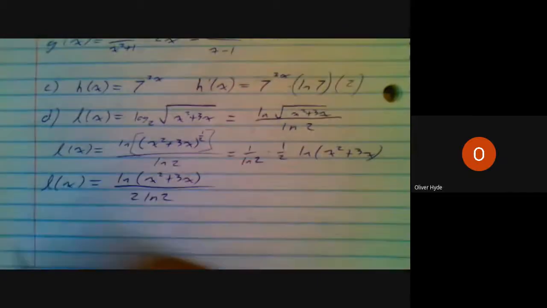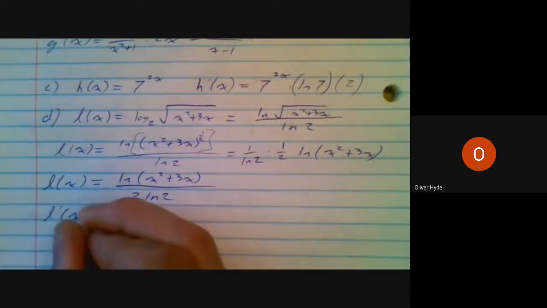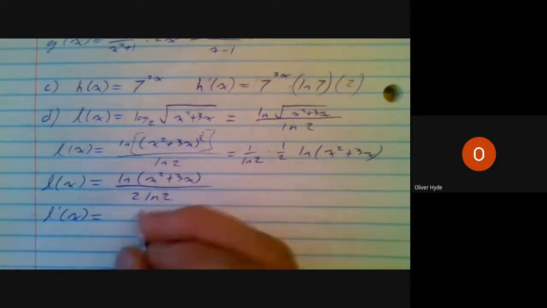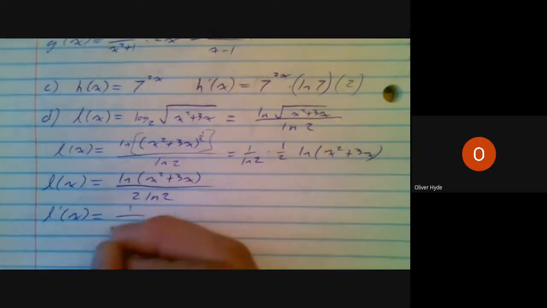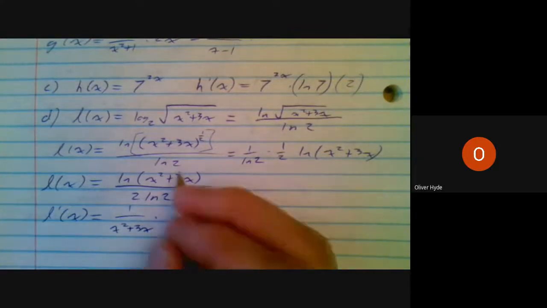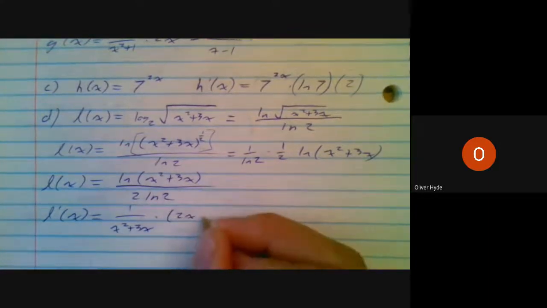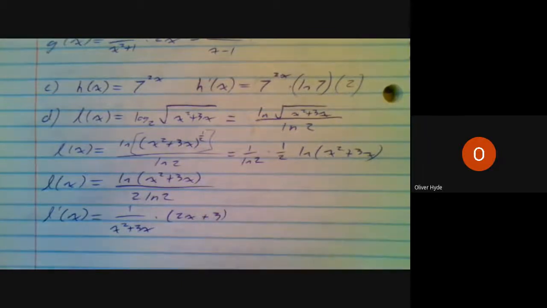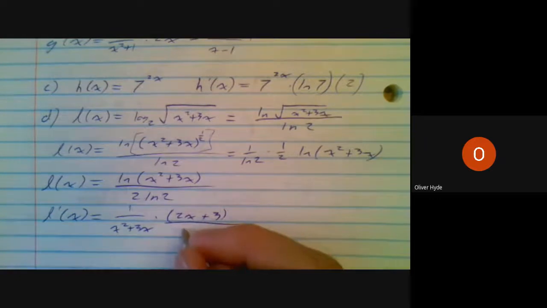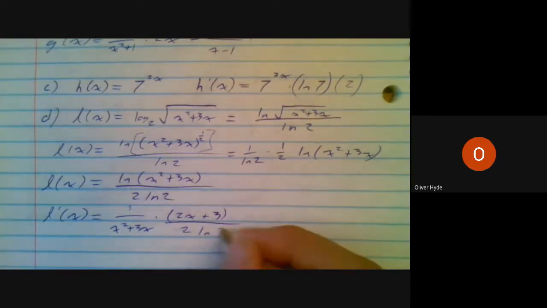Here we go. L prime of x is going to be the derivative of the natural logarithm of a power, which is the reciprocal of the power multiplied by the derivative of the power, 2x plus 3. And now I kind of regret not having that as a constant multiple. How about we just put that over here to ln 2?